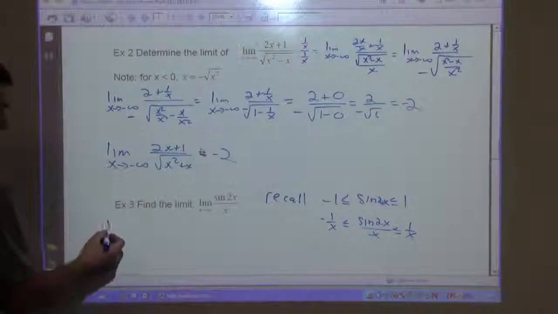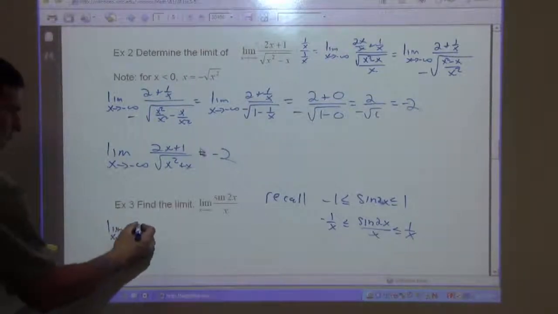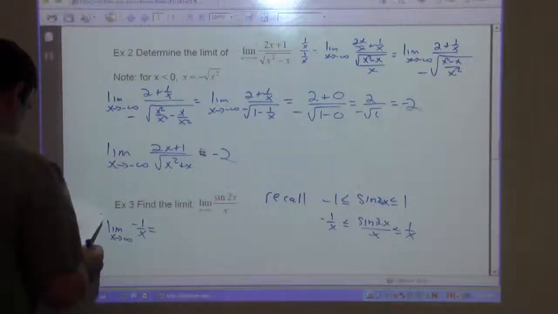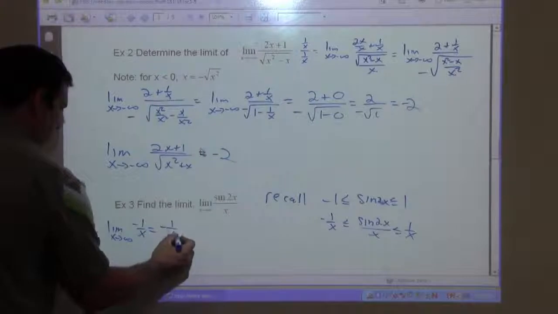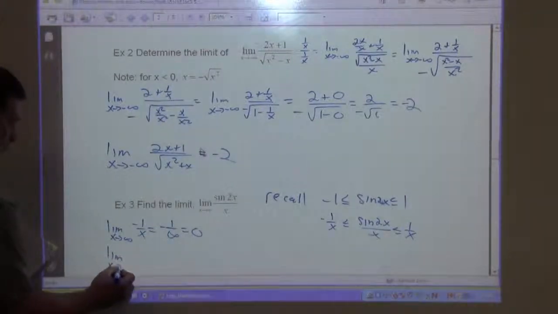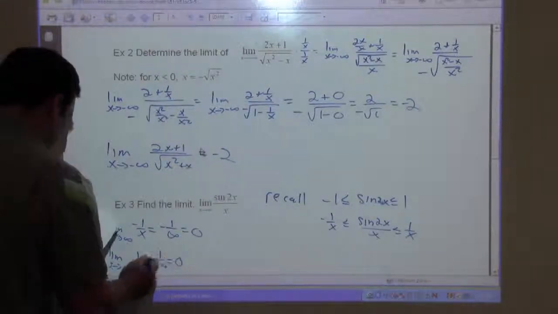Now the limit as x approaches infinity of negative 1 over x is going to be negative 1 over infinity, which is 0. And the limit as x approaches infinity of 1 over x is going to be 1 over infinity, which is 0.